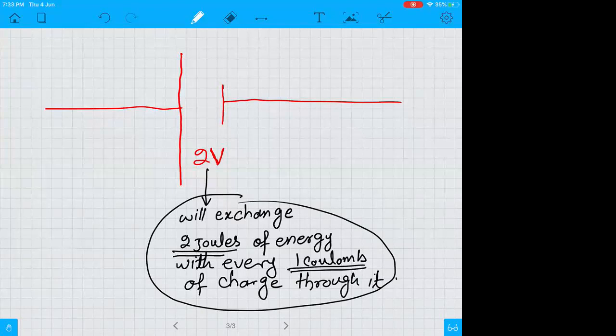Now the question is whether this battery will give energy or it will take energy. It depends whether the charge is moving from negative terminal towards the positive terminal or positive terminal towards the negative terminal. The flow of current can be either from positive towards negative or negative towards positive. Let's suppose this cell is being used. When the cell is in use and it is delivering energy, the current enters from the negative terminal. Let's suppose the current entering the negative terminal was 3 ampere.